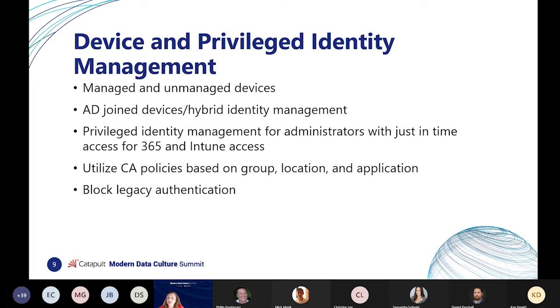It's very easy for an organization to think that they've totally configured and enabled multi-factor authentication, but if we do a stronger analysis, we can see that in some cases there is legacy authentication still in place, and that's really dangerous. That's utilized for a lot of different types of attacks.